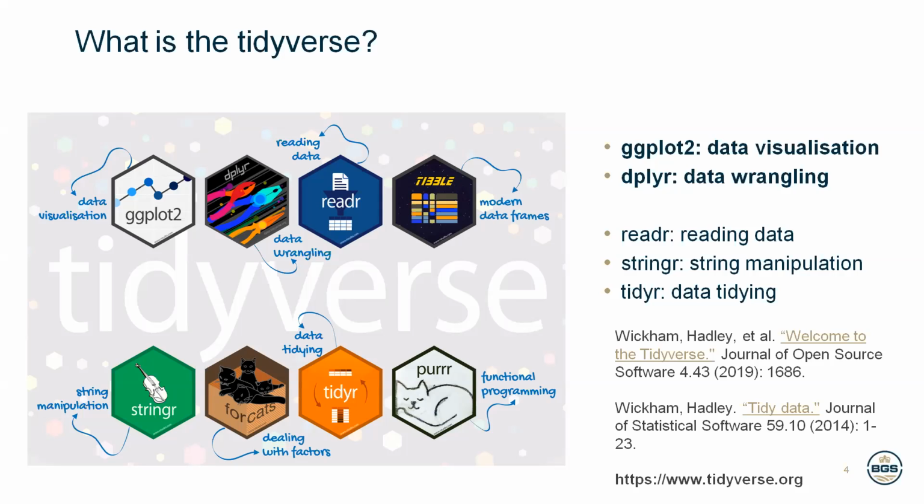If you're interested to read more about the theory and the philosophy of the Tidyverse, then I'll refer you to these resources by Hadley Wickham. And then it's worth having a look at the Tidyverse website to get an overview and an idea of some of the things that Tidyverse can do.